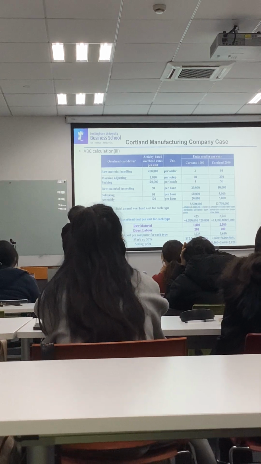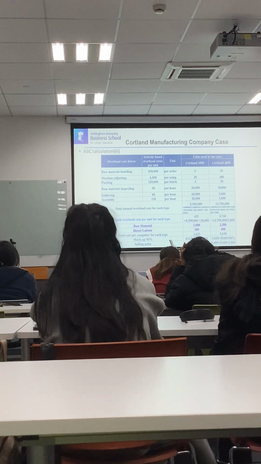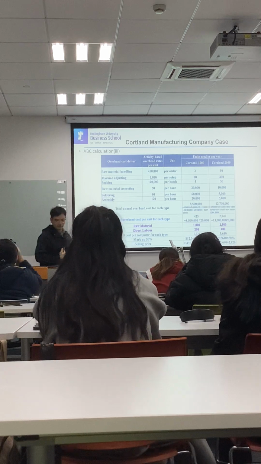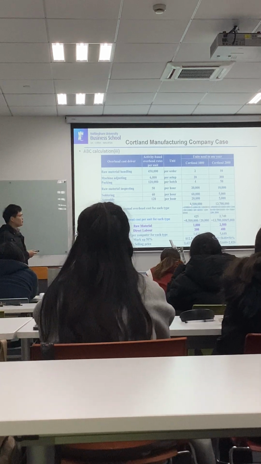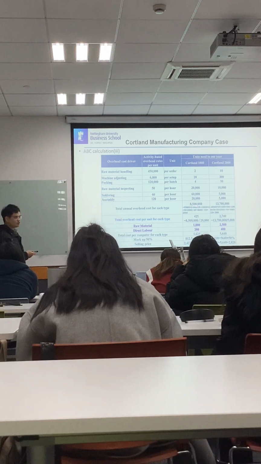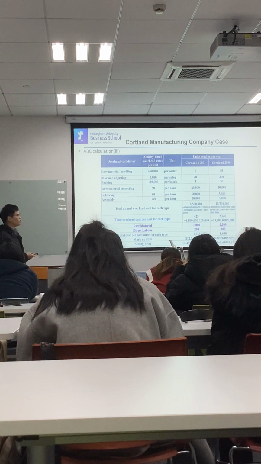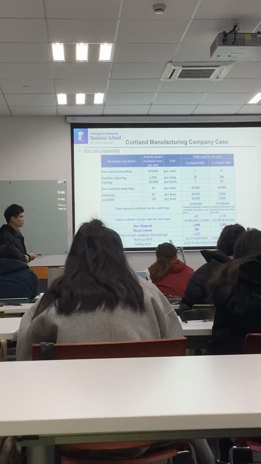And also, in a similar way, we can calculate the total overhead cost that Cotton 2000 used is this one. Okay, and use these 2 numbers divided by the total production. We have the overhead cost per unit of the product, right?